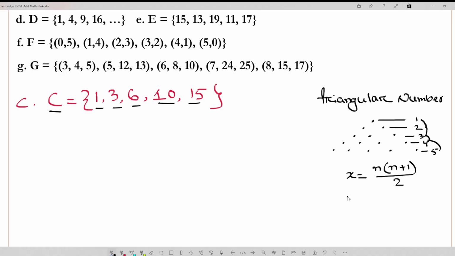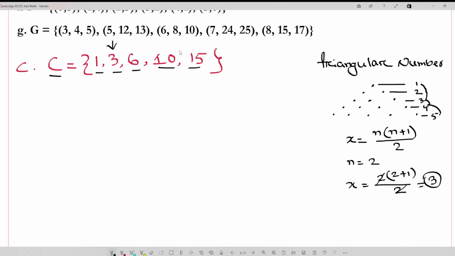How? If you consider n equals 2, so x equals 2 times (2 plus 1) divided by 2. So the 2 and 2 we can cancel out. So 2 plus 1 will become 3. Look, the n term 2 equals 3 and here is a 3. Similarly, this is 15. Which term? 1, 2, 3, 4, 5.